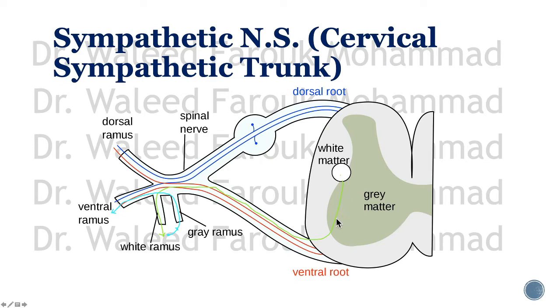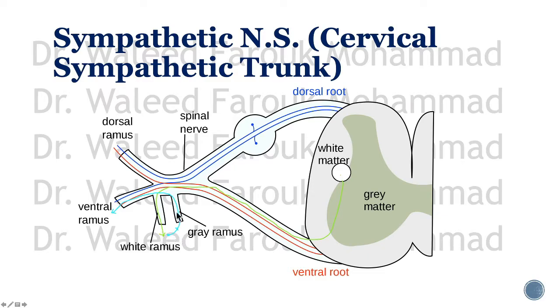It goes out of the spinal cord with the anterior horn, meaning with the anterior root of the spinal nerve. Then, after forming the spinal nerve and coming out of the intervertebral foramen, it leaves the nerve as a white ramus communicans. Now, this white ramus communicans will synapse with a bunch of cells waiting for it.